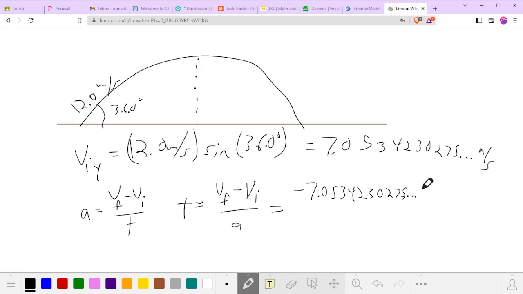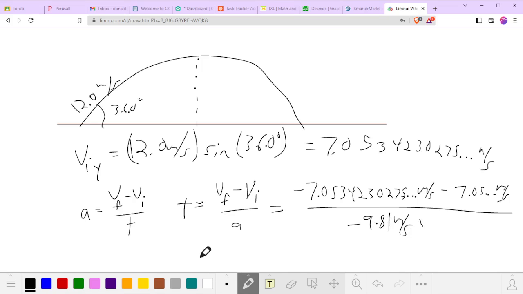When it comes down to the same height it left from, it's moving at exactly the same speed. So the initial is that number but positive. Downwards it's negative. So we can really multiply our previous answer by 2 and divide it by that negative 9.81 meters per second squared. And the time it spends in the air is 1.43800673334 seconds.